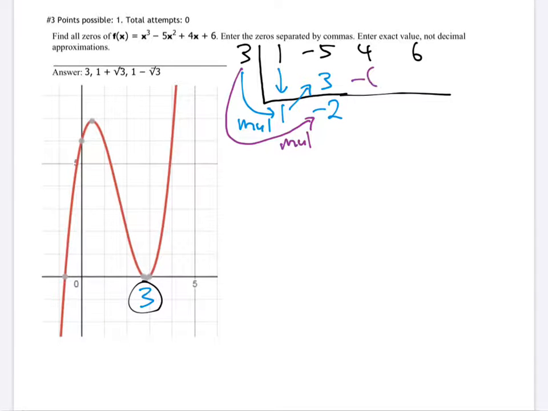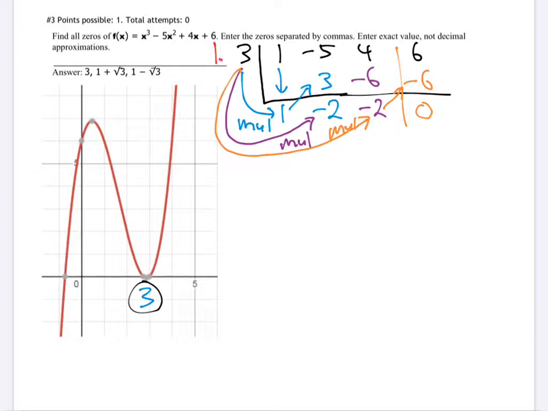Multiply 3 times minus 2 is minus 6, add them up, minus 2, and swing it around again. Multiply 3 times minus 2, minus 6, sure enough, 0, that's what we expect. That proves it's really a 0, right? Remainder is 0.